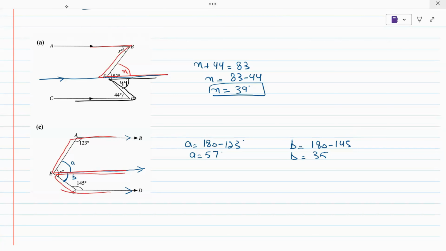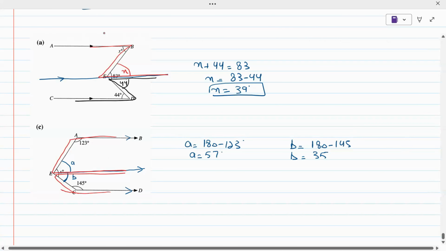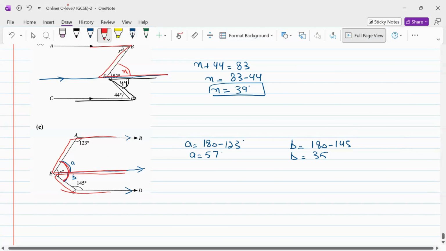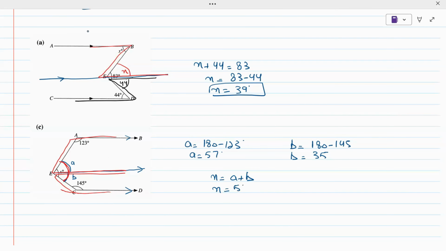Finally, this angle X as a whole was a breakup of A and B. So we'll add A and B together to get angle X. So angle X is equal to A plus B. X would be equal to 57 plus 35, that is 92.